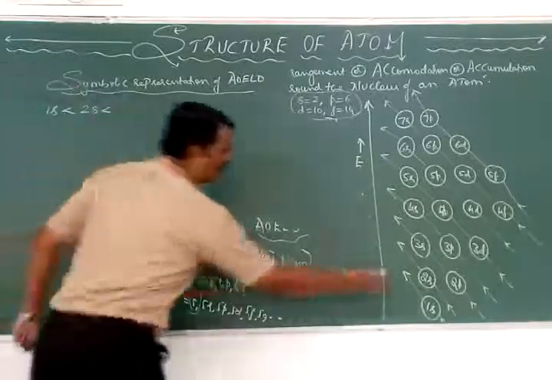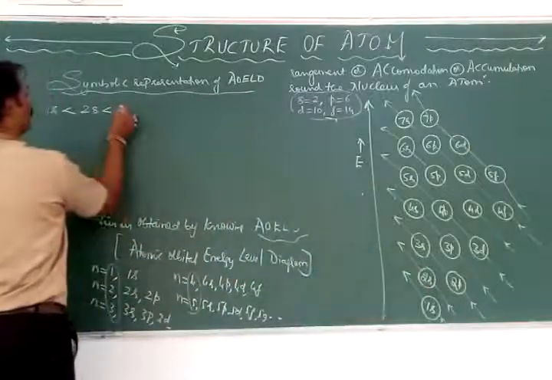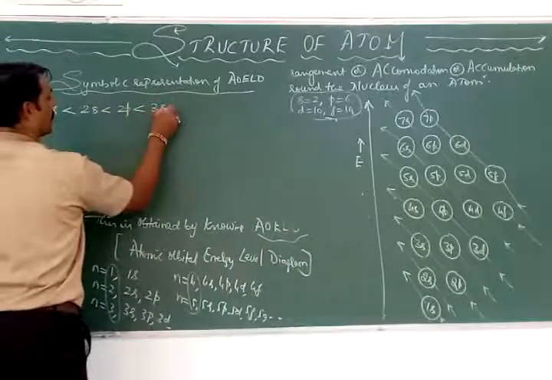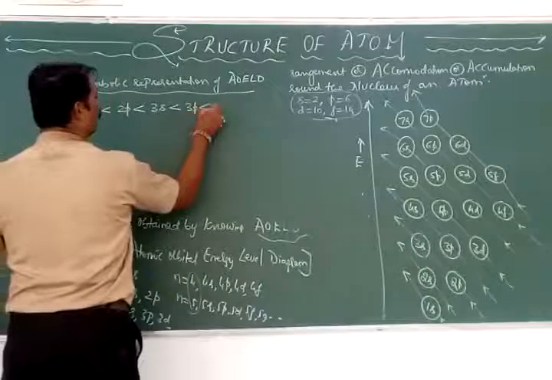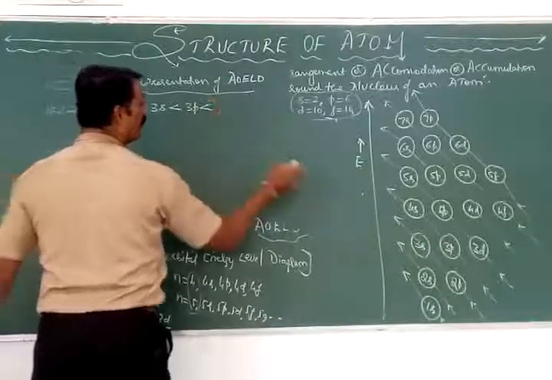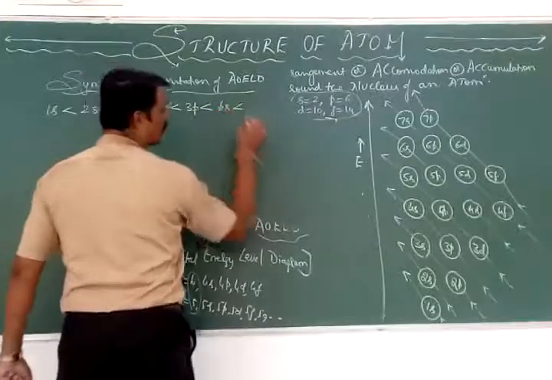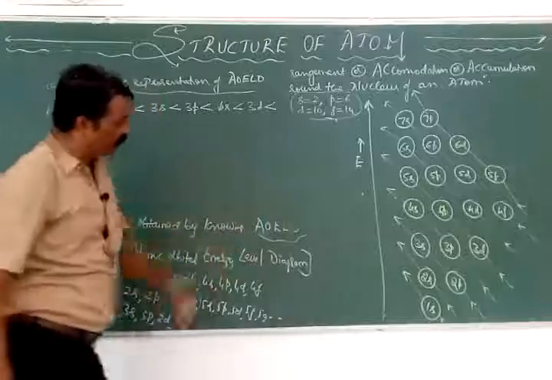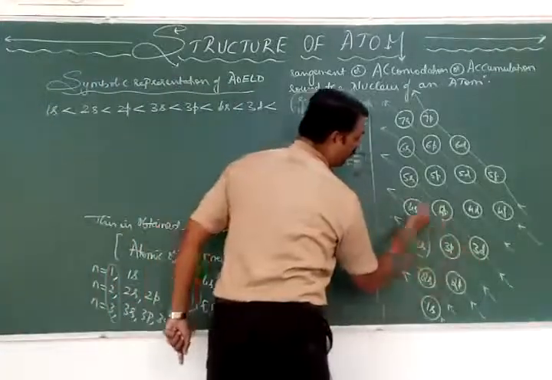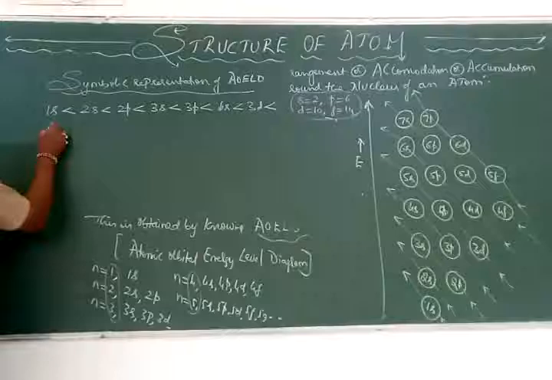After 2s we have 2p, then 3s. After 3s we have 3p. After 3p we have 4s. After 4s we have 3d. After 3d we have 4p.